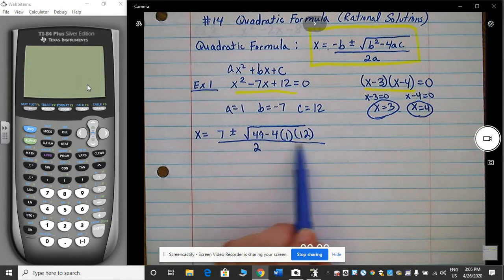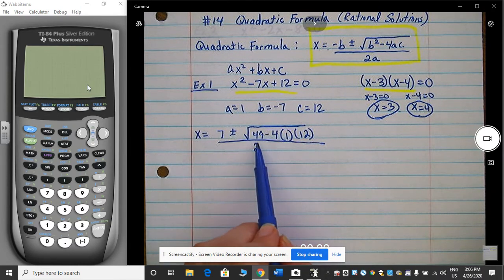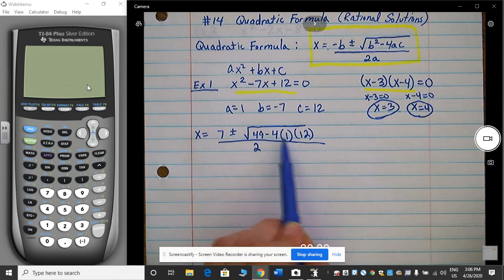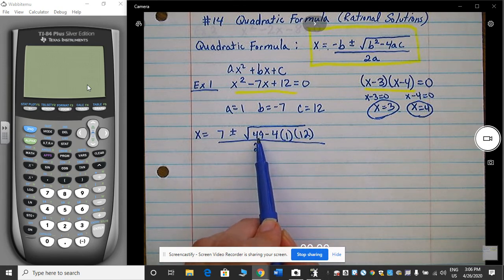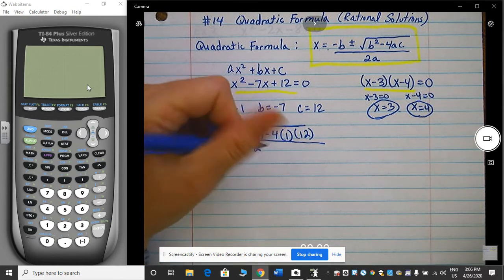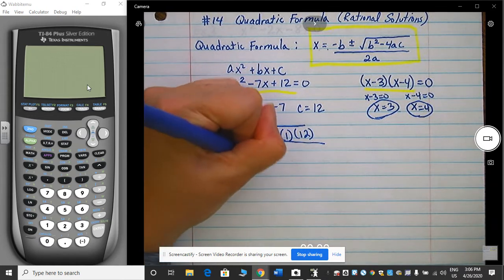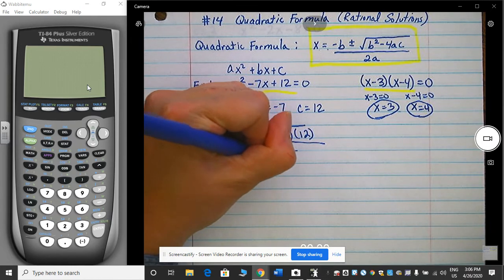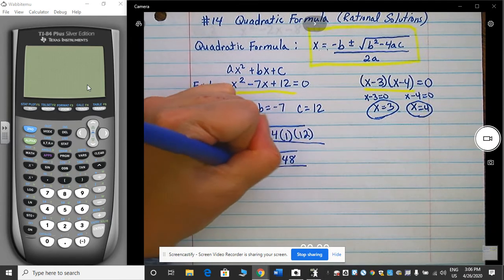And then what you have to be very careful about is order of operations here. And so I know it's going to be 49 minus a number. In this case, it's 49 minus 48. So x is equal to 7 plus or minus the square root of 49 minus 48, all over 2.